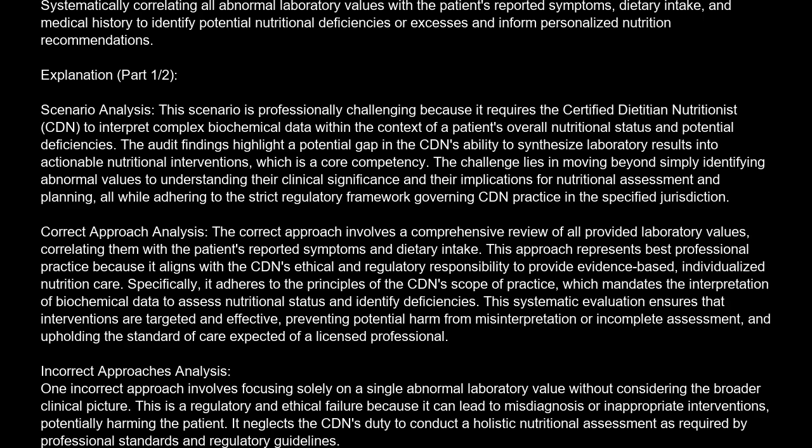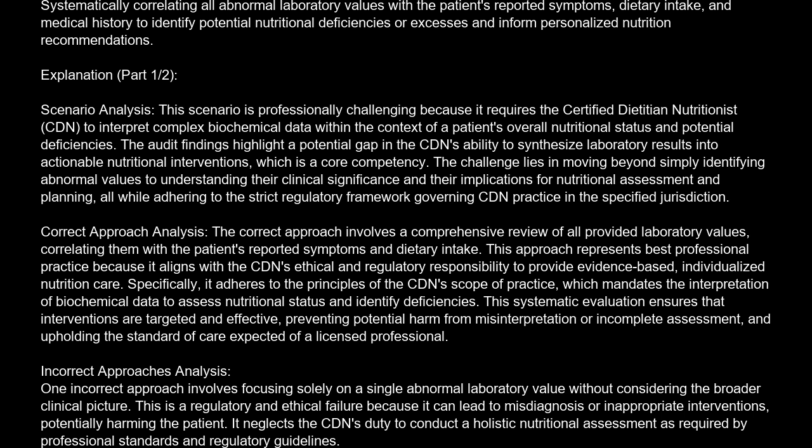Specifically, it adheres to the principles of the CDN's scope of practice, which mandates the interpretation of biochemical data to assess nutritional status and identify deficiencies. This systematic evaluation ensures that interventions are targeted and effective, preventing potential harm from misinterpretation or incomplete assessment, and upholding the standard of care expected of a licensed professional.